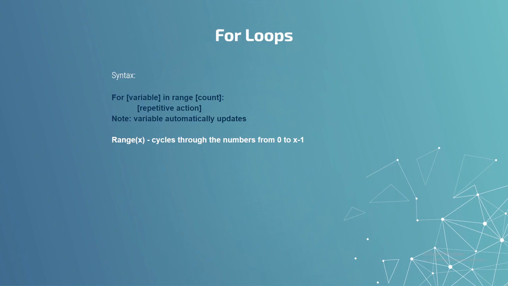Take for example the range function, which is just one of the things that we use to update a variable. The range function cycles through the numbers from 0 to 1 less than the value that you put in. If I put in 9, the range function will cycle between 0, 1, 2, 3, 4, 5, 6, 7, 8. The range function is one of the ways that we can definitively count the number of times we do a for loop, but we can also use other examples as well, which I will get to in the implementation section.